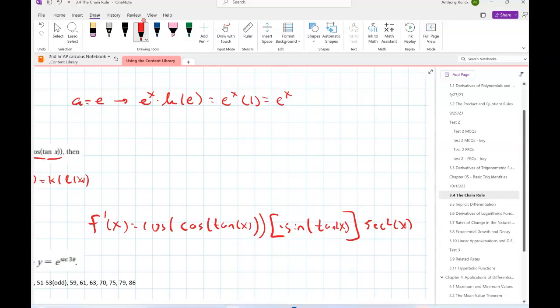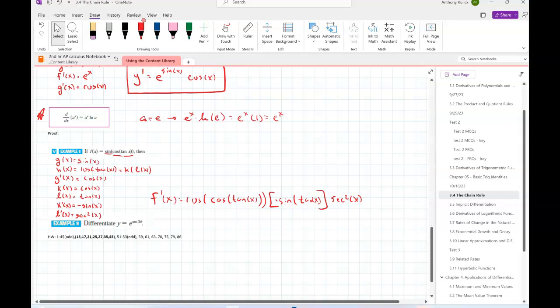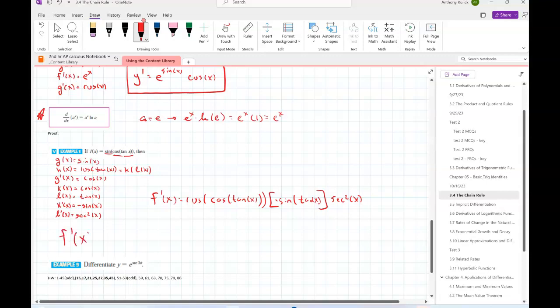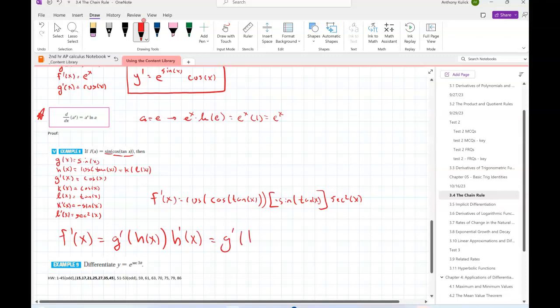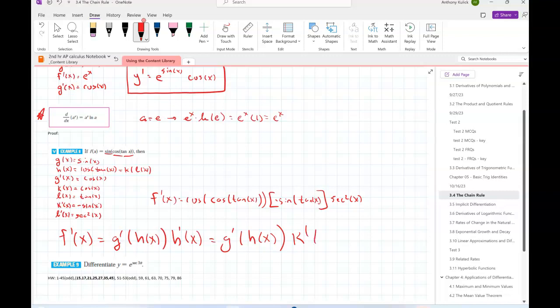So that's the way I'm seeing it in my head. I'm not writing any of this intermediate stuff down. Once you get good at it, that's probably where you're going to land, because sorting through what we just did, we have all these things to piece together, right? That f prime is going to be g prime of h of x times h prime of x, which is g prime of h of x times k prime of L of x times L prime of x, right?